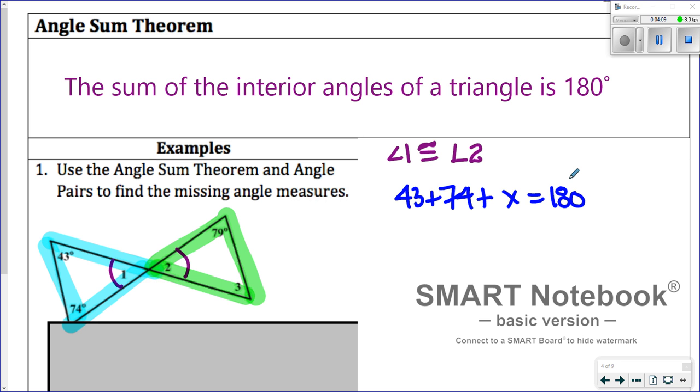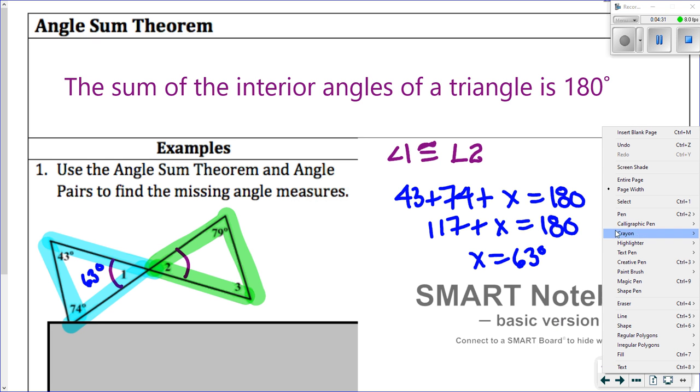So when you add up 43 and 74, you're going to get 117 plus x, and then you subtract that from 180, and you will have x equals 63 degrees. So that angle over here is 63 degrees.